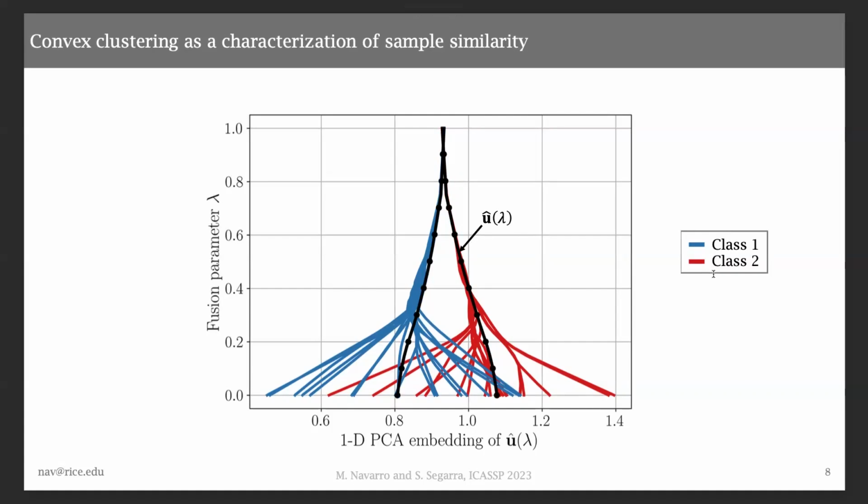Then to obtain a sample mixture, we choose a level of fusion by choosing a value of lambda, and we look at the cluster centroid at that particular value of lambda. The cluster centroid at this point will be a mixture of the original data samples, like a convex combination of the original data samples that is varying according to how similar all of the samples are to each other.